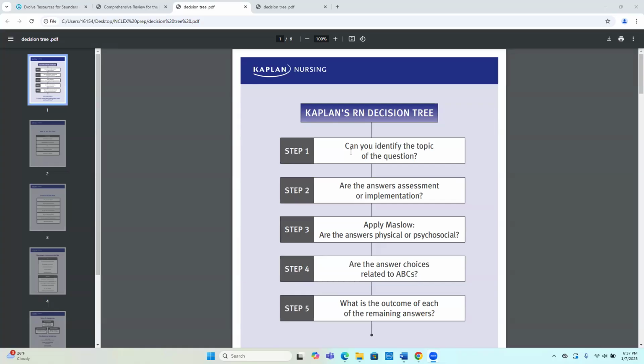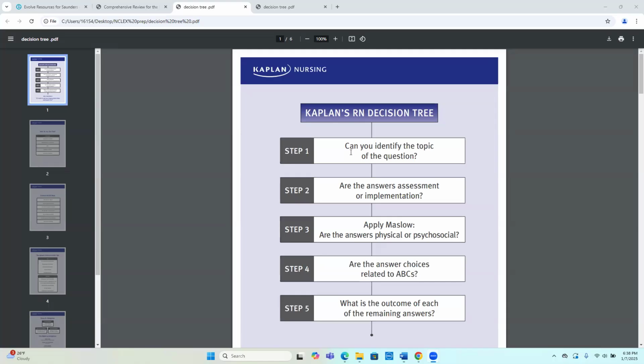So it really helps you as the student develop good critical thinking skills, so you're able to get more at that Bloom's taxonomy of analyzing and applying the material. That's really what it's getting you to do.